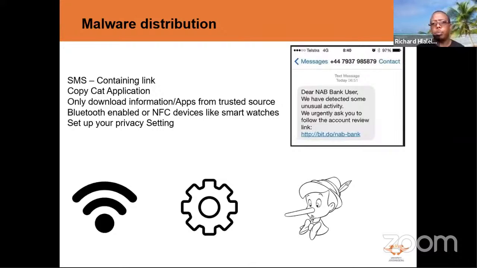Then the next part, we talk about what we call privacy settings. This will apply more on your social media accounts, to make sure that you limit the information that you share with the public, because such information can be used against you at a later stage.